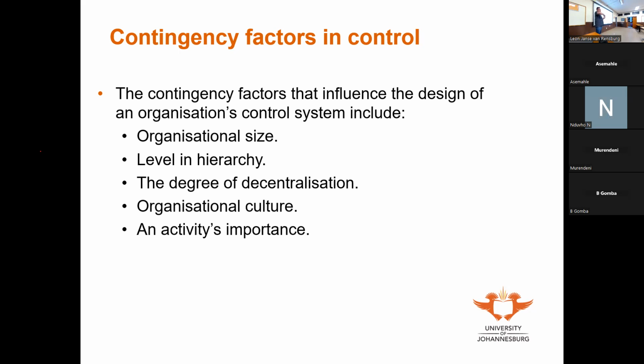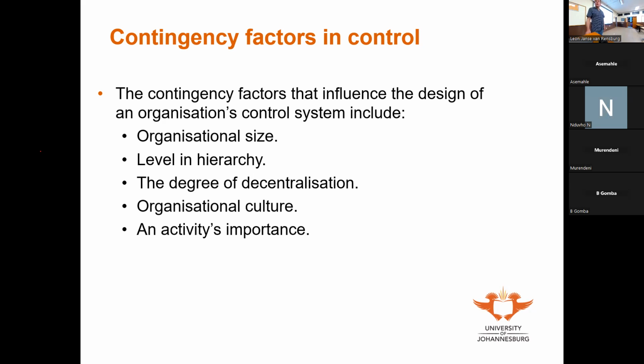The levels in an organization could be tall or flat, and if it's tall, it might change the controls. The degree of decentralization also matters, controls will look different than in a centralized structure. And then organizational culture can also affect whether you control certain things or not, or what you control.